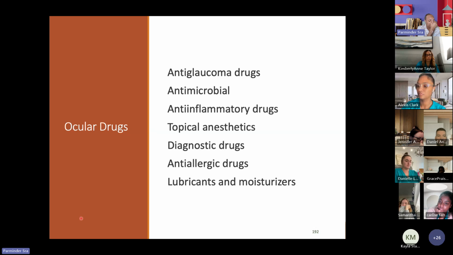And when you apply pressure on the inner canthus, this is the inner canthus, and this is the outer. There are canals which connect the eye to the nose and throat, and the drug can be systemically absorbed, and then it will have a systemic effect, even though less, but still.